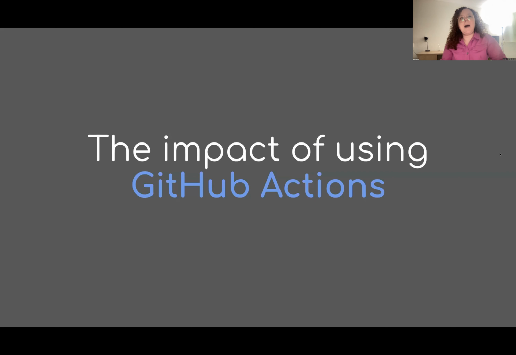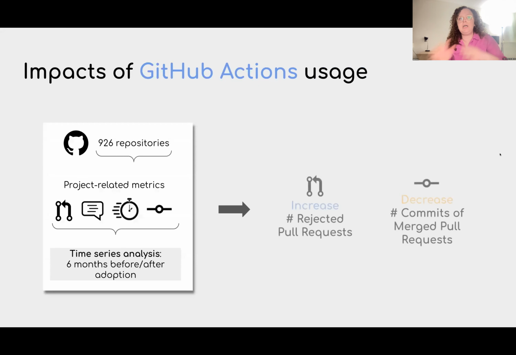It's also important for us to know the impact of adding this new dependency to our project. So I looked at different repositories, what they did before the introduction of these actions, and how it was after introducing them. I can go into more detail later if you want to know more.